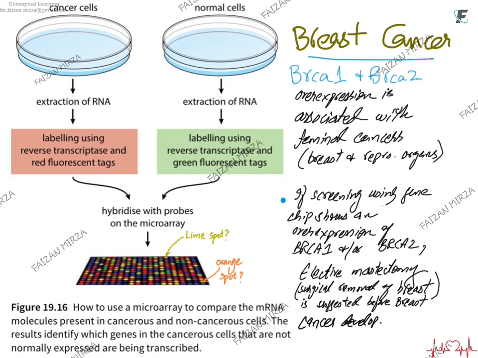To prevent the development of this cancer, because it is impending, waiting to show itself probably in some years, she's asked to go for elective mastectomy, the surgical removal of the breast tissue. If the breast tissue is not there anymore, then even if the BRCA1 and BRCA2 genes have overexpressed, it won't cause cancer.